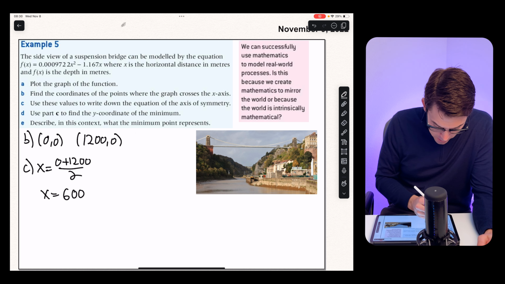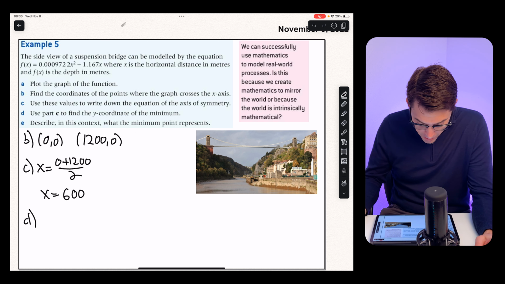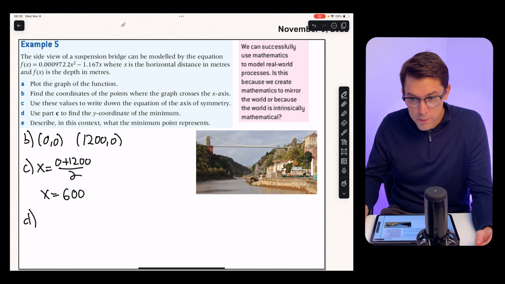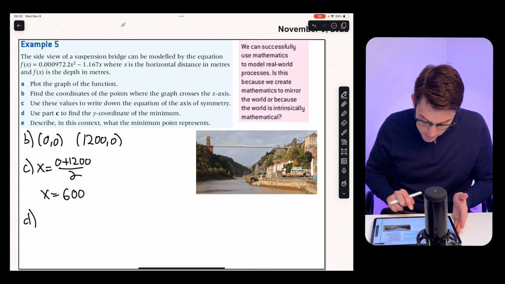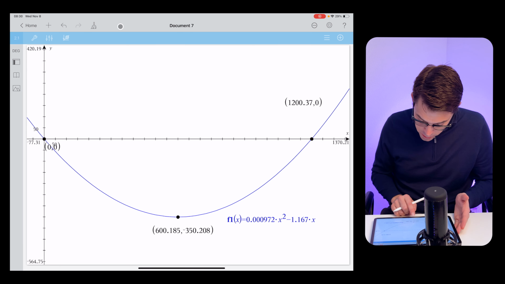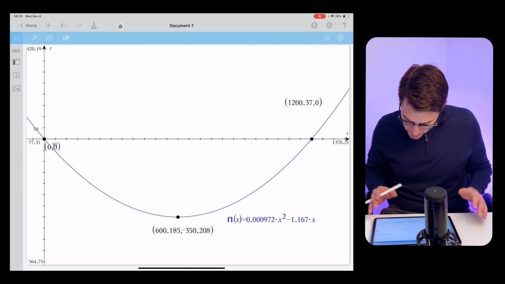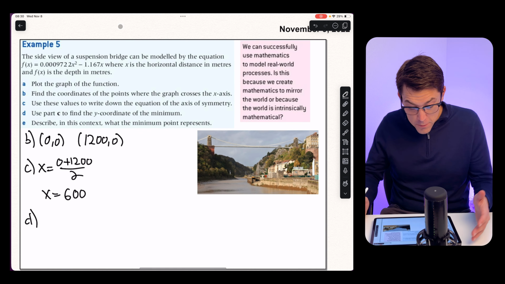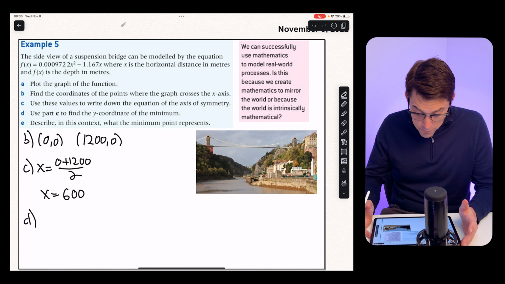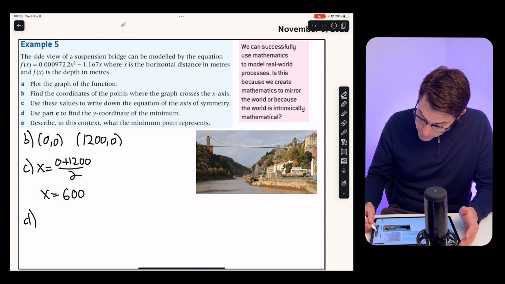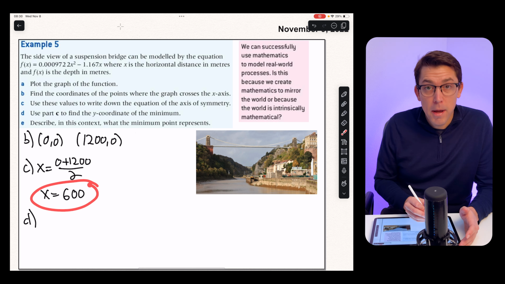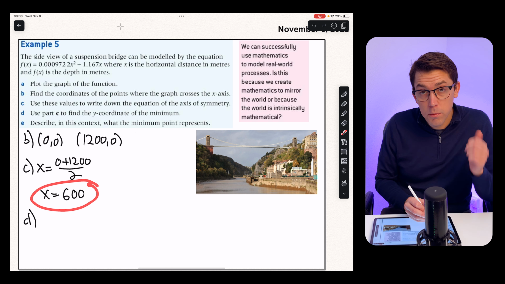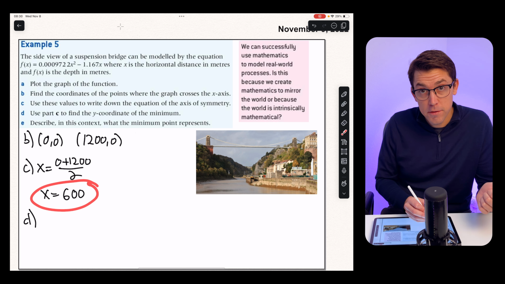So now let's take a look at how to find the y-coordinate of the minimum. I already did this for you on the graph, 600, 0.185, but again, I'm rounding here, and negative 350. If you were asked to solve this by hand, it still wouldn't be that difficult, because I have 600 right now as my x-coordinate of the vertex, which also gives me the axis of symmetry.